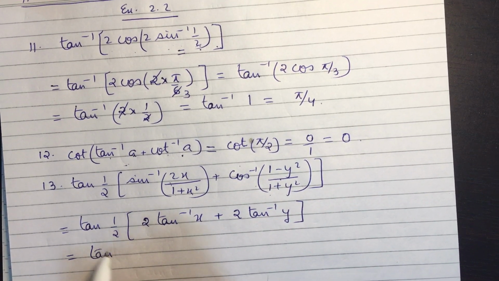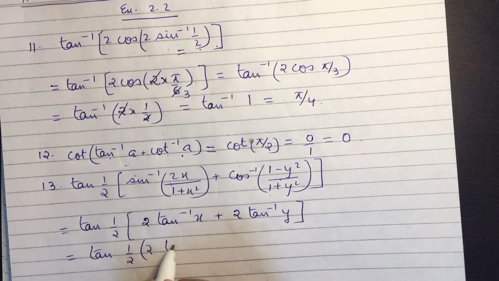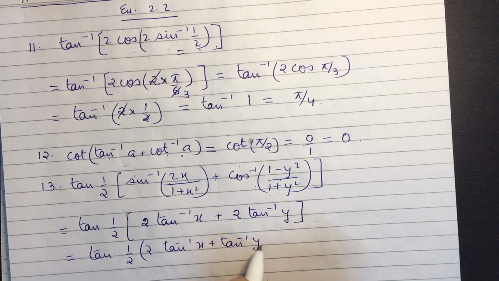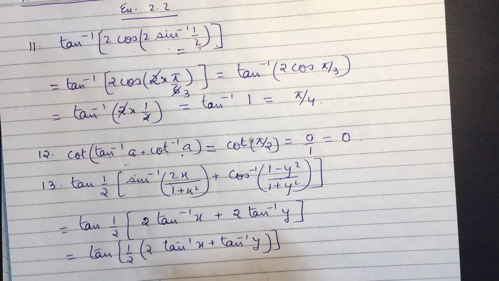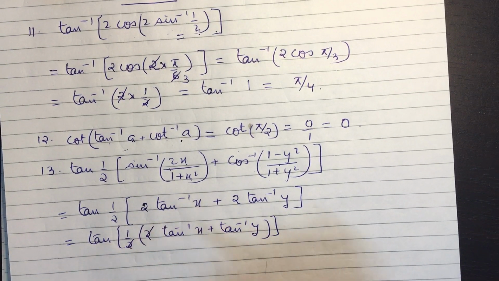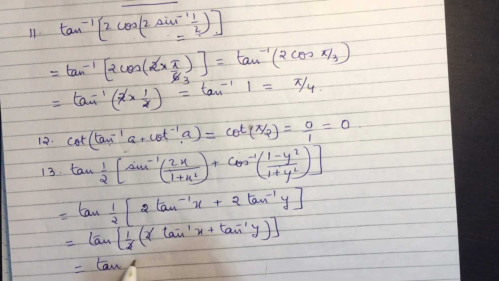Taking 2 common, we get half of 2 of tan inverse x plus tan inverse y, and here this 2 gets cancelled with this half, and this becomes tan of.